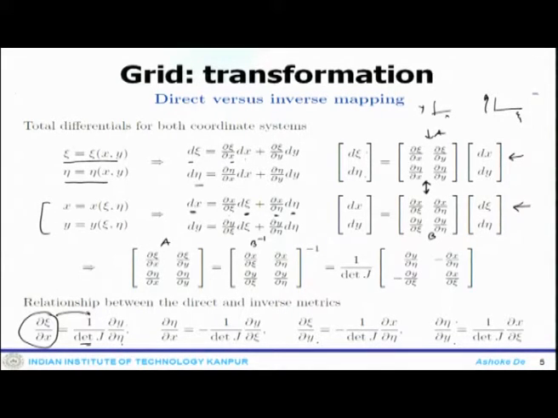One can switch from one to another, it is just a matter of a factor of the Jacobian. This is called the Jacobian of transformation for grid mapping or mapped system, and this is very handy. One can take a complex geometry, map the grid to the xi-eta rectangular system, solve the problem and go back.